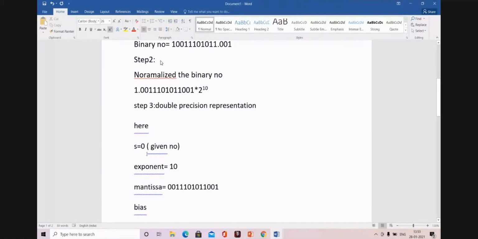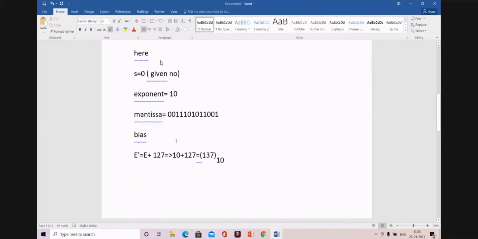Then in the third one, that is your double precision format, the sign is 0 since it is a positive number, and the exponent is also given. What about the mantissa? What about the bias? Bias is 1023. All right, 1023, and you will get an answer of 1033 with the base 10.